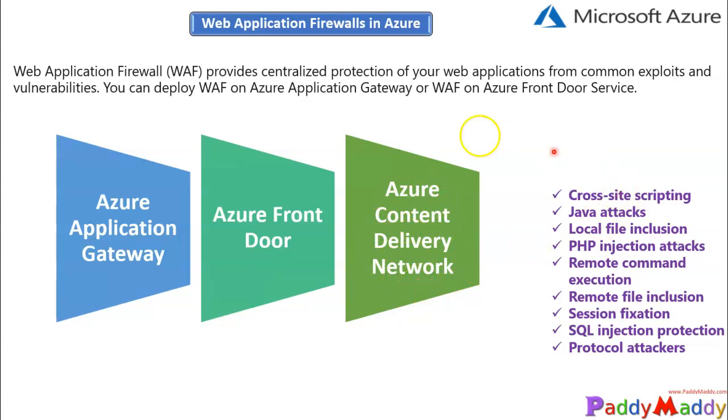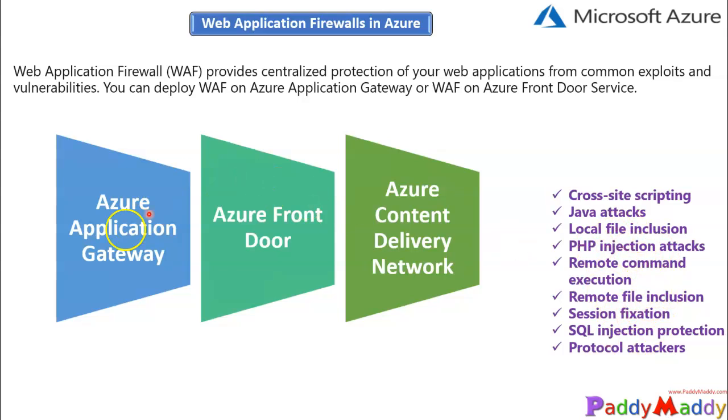And you would get the normal benefits like protection against cross-site scripting, Java attacks, PHP injection, remote command execution, remote file inclusion, session fixation, SQL injection, or protocol attackers. All these are built-in protection.